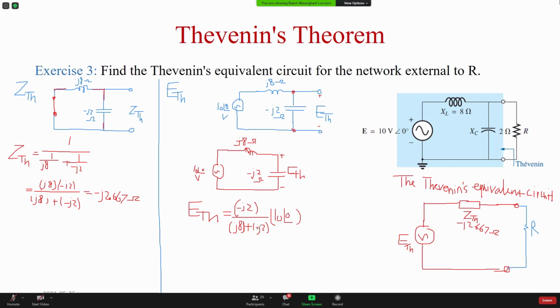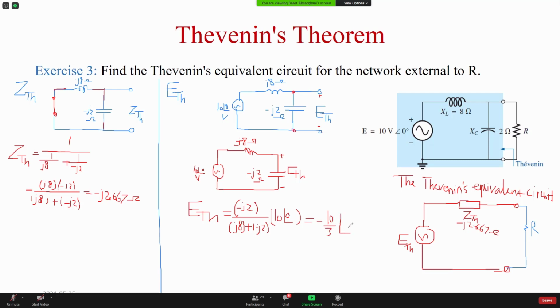This is minus J cancels out with the J, minus 2/6. So this is gonna give me minus 10/3 angle 0.